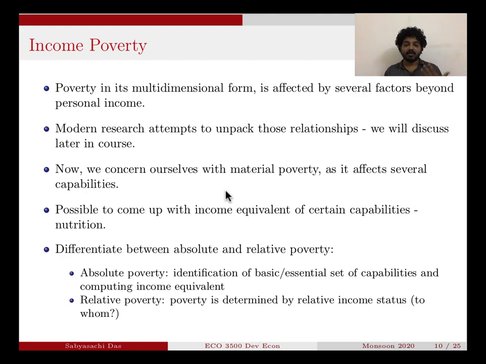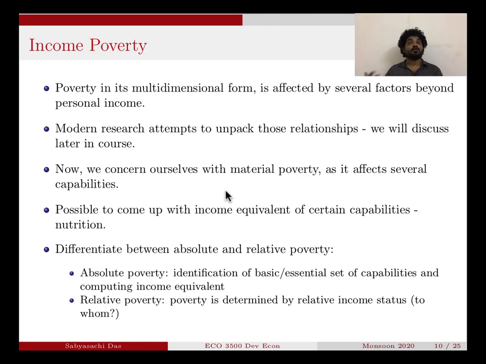The reason why I think it's important to discuss this history of this concept of poverty is because today we take it for granted that it's the job of the government to reduce poverty. We think that we should not, as a society, have high incidence of poverty.